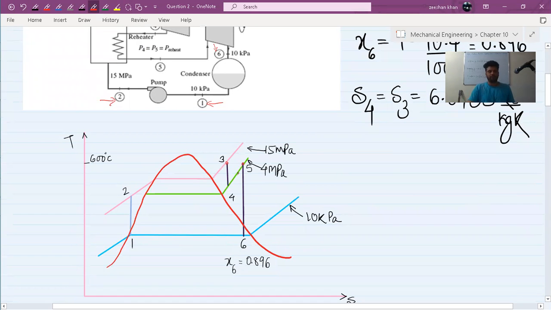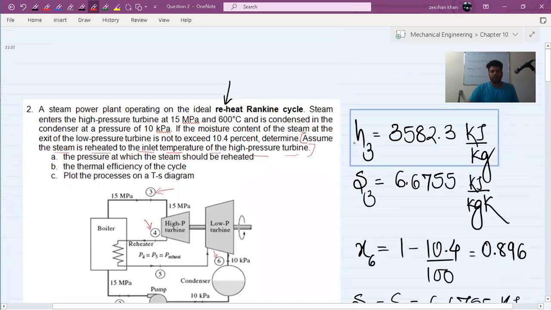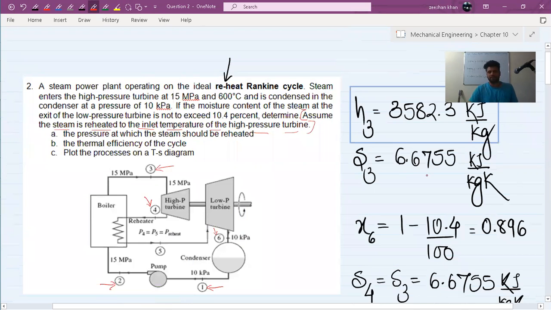So T3 and T5 are the same, which is 600 degrees centigrade. Now H3 can be observed from the table simply, it's going to be 3582.3. S3 is going to be 6.6755 kilojoule per kilogram per Kelvin.